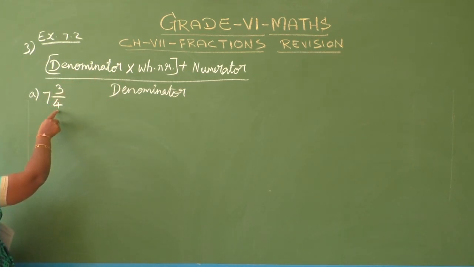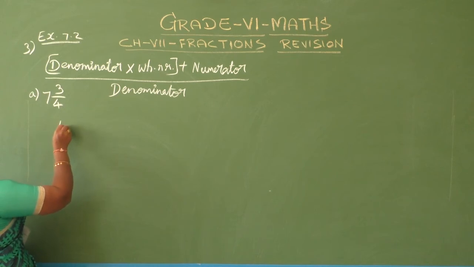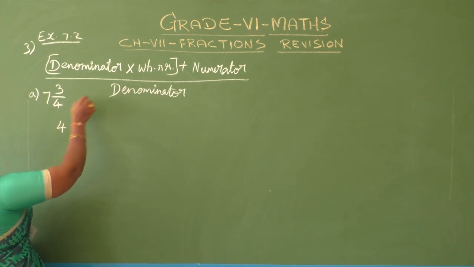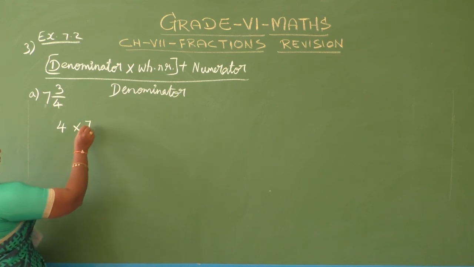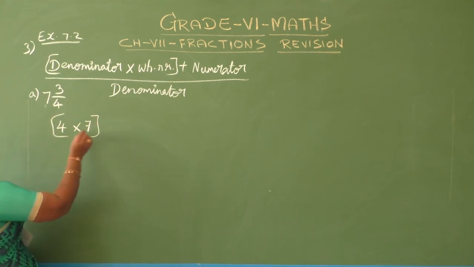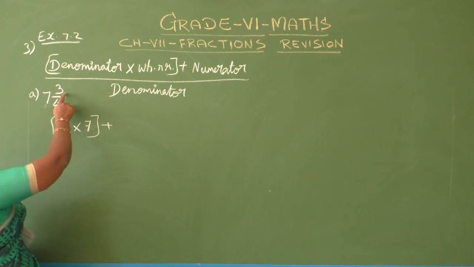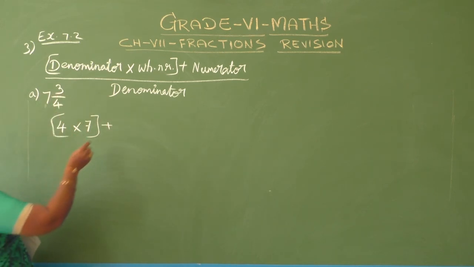For that we are going to use this formula. What is the denominator here? 4 is the denominator. So 4 into whole number. What is the whole number here? 7 is the whole number. So 4 into 7 plus numerator. What is the numerator here? 3 is the numerator.